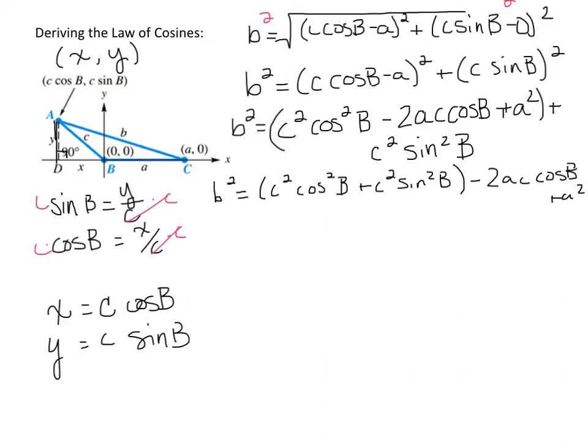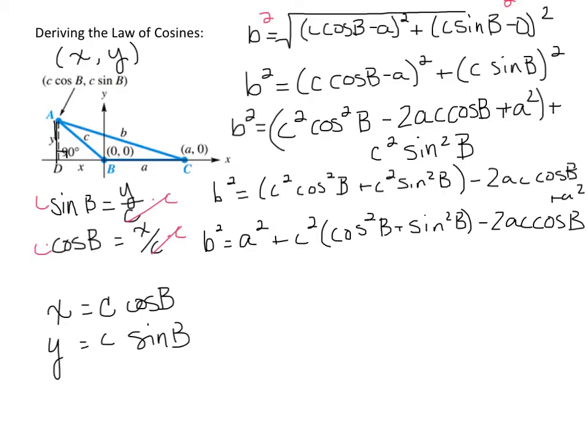From here, I'm going to factor the c squared out of this. At the same time, I'm going to move this plus a squared way to the front. So this gives me b squared is equal to a squared plus c squared times cosine squared of B plus sine squared of B, minus 2ac cosine of B.